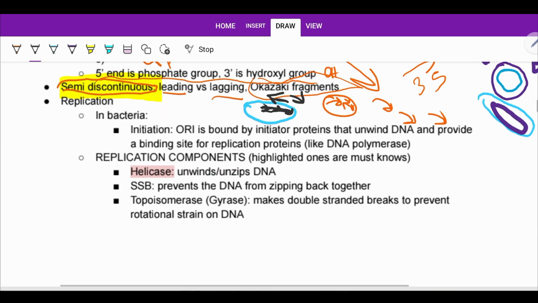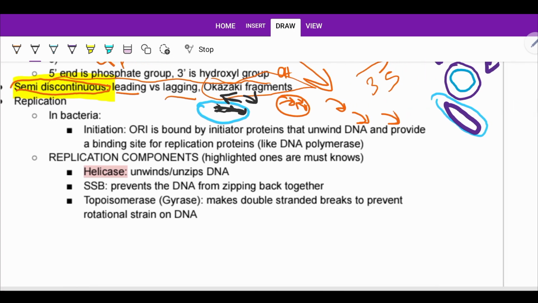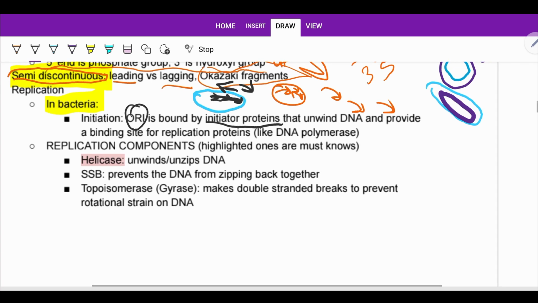So that's cool. So replication in bacteria: basically initiation, the origin site is bound by initiator proteins, which unwind DNA and provide a binding site for replication proteins like DNA polymerase. That's pretty much what it says.